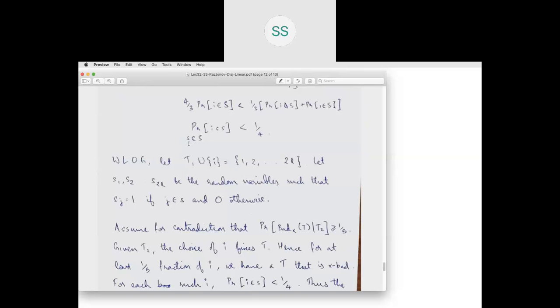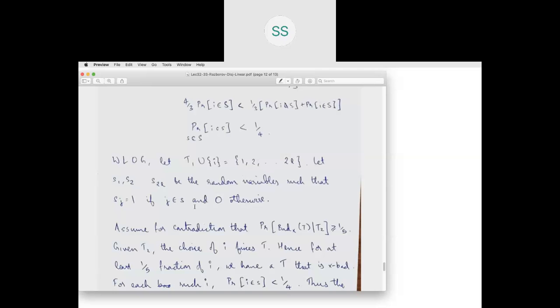Small s is a set of size L. We have one random variable for each of 1, 2, 3 up to 2L. S1 is 1 if 1 is in small s, S2 is 1 if 2 is in small s, and so on, up to S2L, which is 1 if 2L is in small s. So each Sj is 1 if j is in s, and 0 if j is not in s.